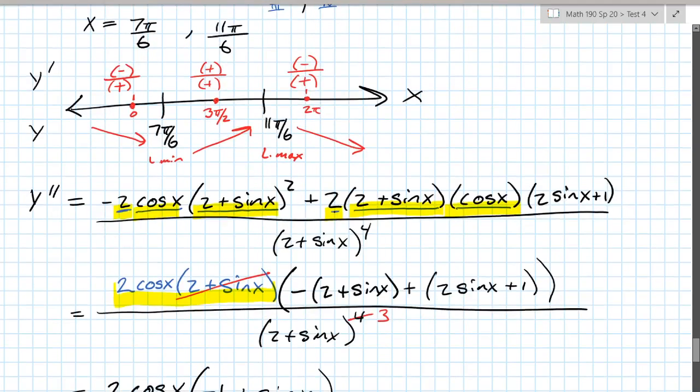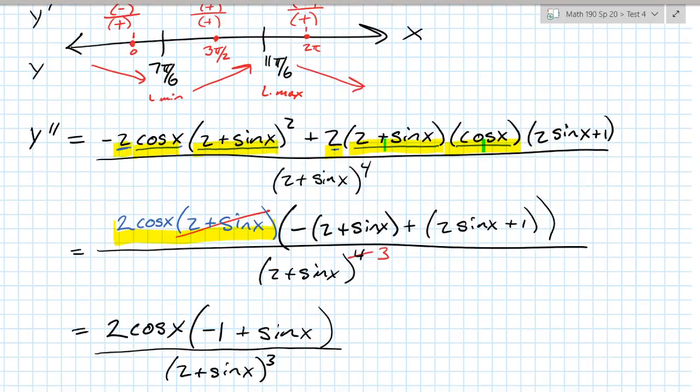And what's left is a negative 1 of the 2 plus sine x's plus, that's been factored, that's been factored, that's been factored, a 2 plus sine x, 2 sine x plus 1. At this point, we can simplify one of the 2 plus sine x factors with the denominator to end up with 3 of those.